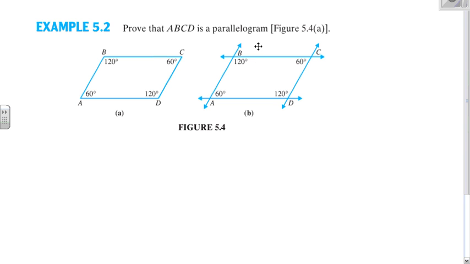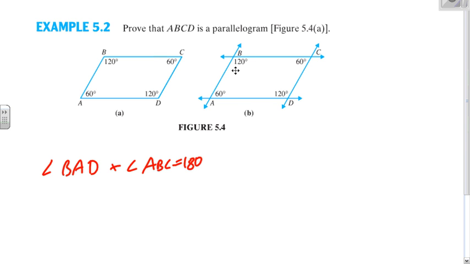Looking at these angles, we do have angle BAD and angle ABC are supplementary. We know that just by looking: 120 plus 60 is 180. So they are supplementary.